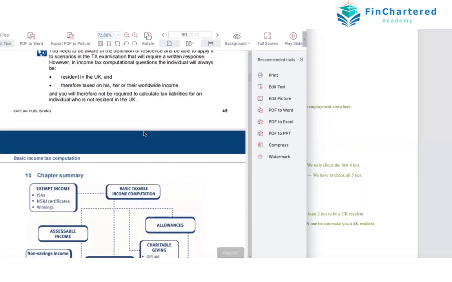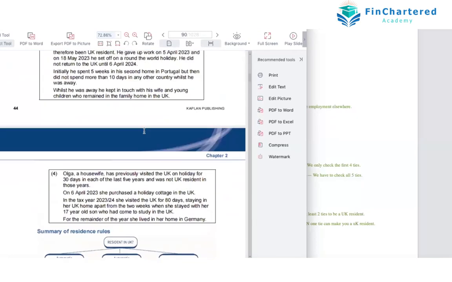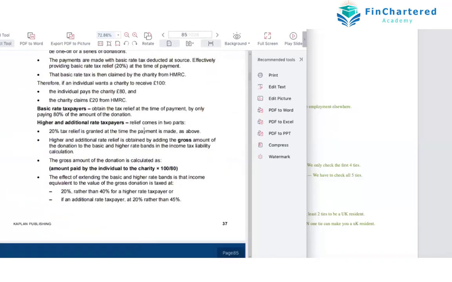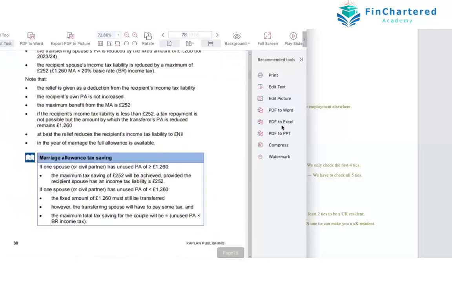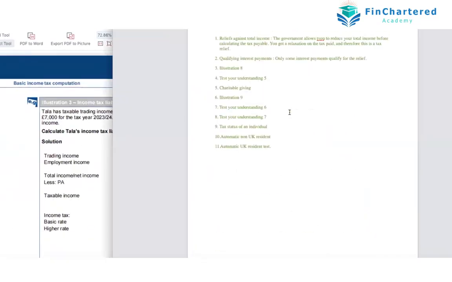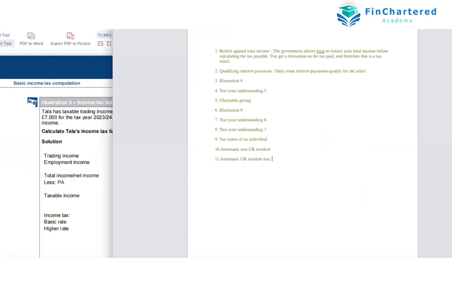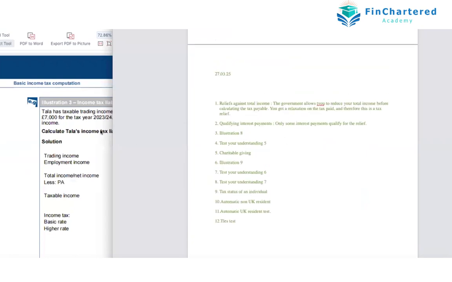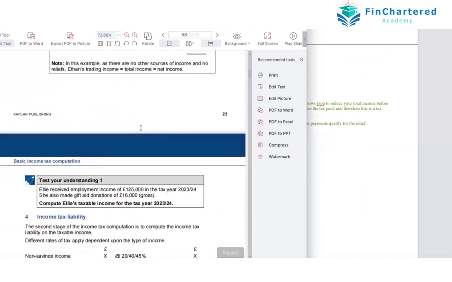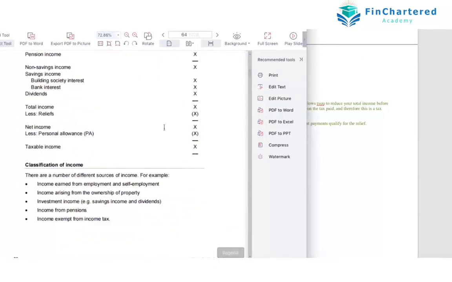So with which this chapter, which was a fairly big chapter, is over. So basically, what all did we look at in this chapter?